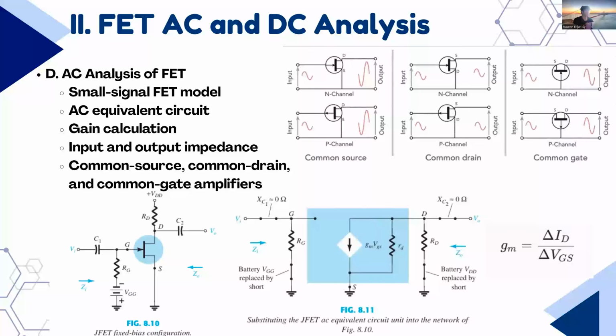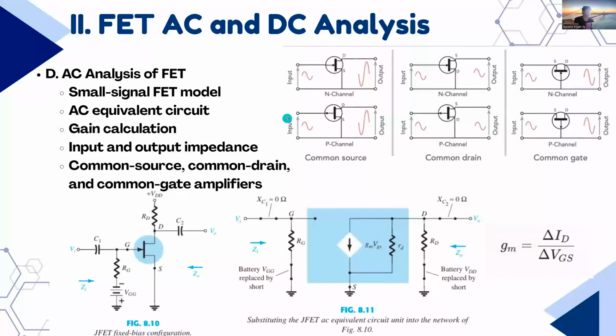Now let's talk about the amplifier configurations. There are three primary amplifier topologies, categorized by which terminal is common to both input and output AC networks. So let's talk about common source.